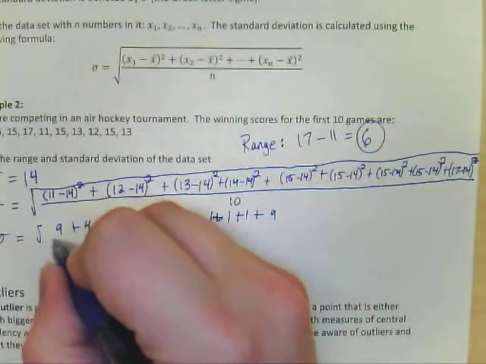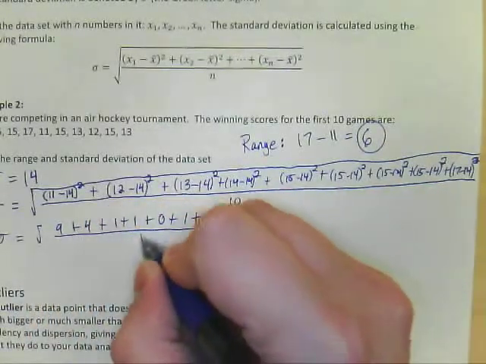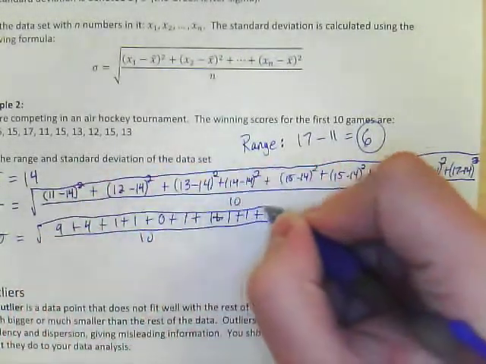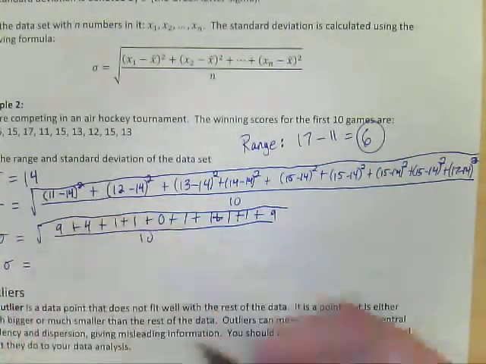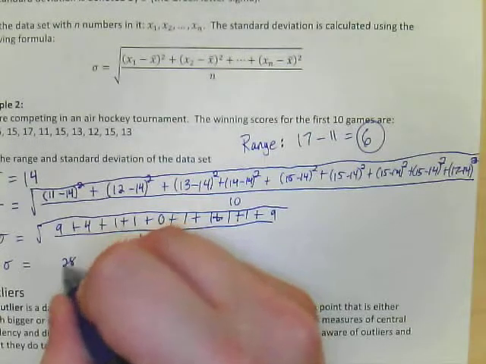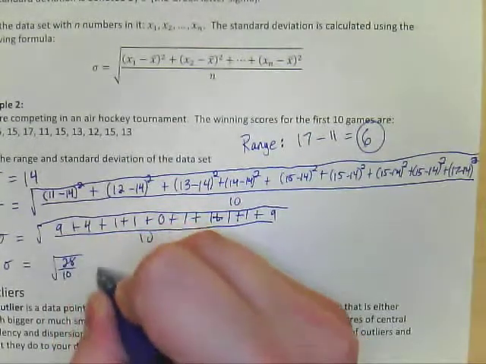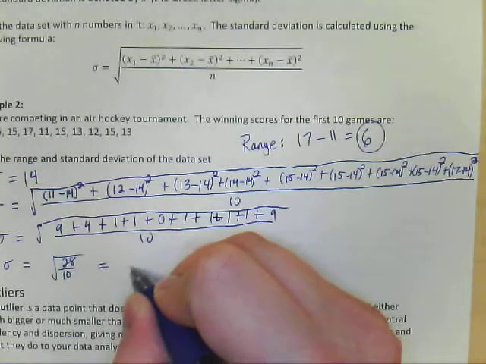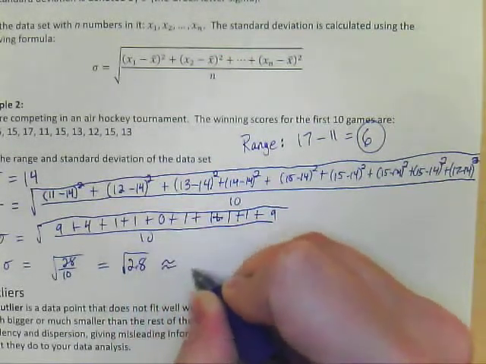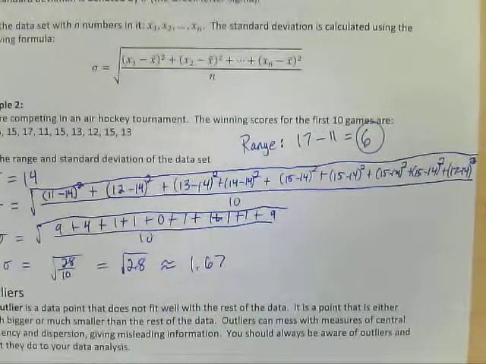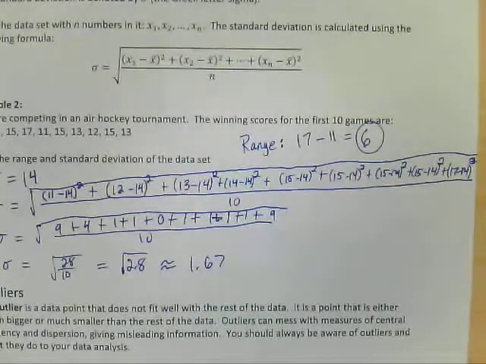And then 9 at the end, all over 10, square root of all of that. On the top, if we add all of that together, we get 28 over 10, and then we have the square root. 28 divided by 10 is 2.8. The square root of 2.8 is approximately 1.67. So the standard deviation is approximately 1.67.